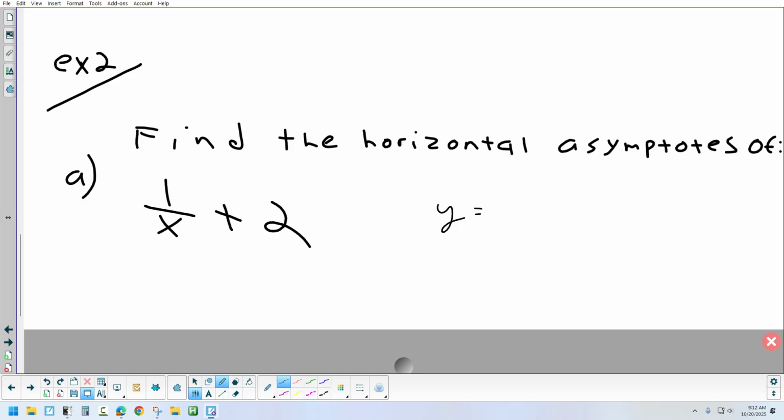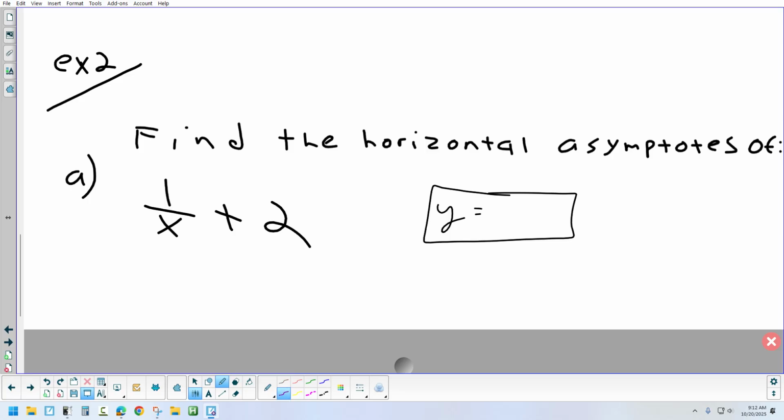So we want y equals, and then put a number. So y equals, and we've got to figure out a number. We can graph it, but we don't need to graph that. We can figure out what the asymptote is without graphing.